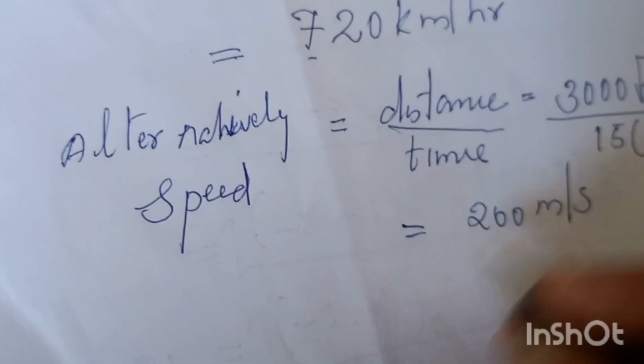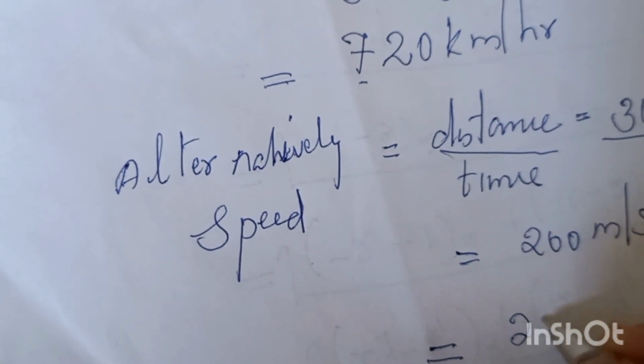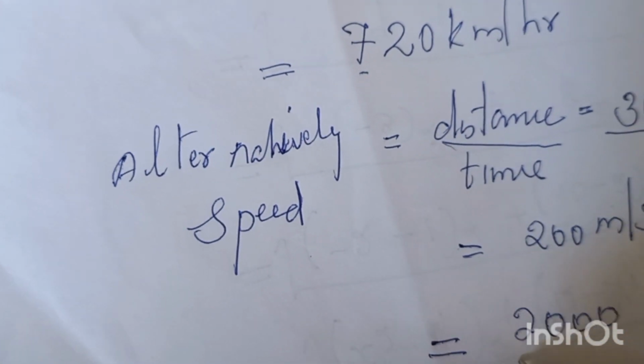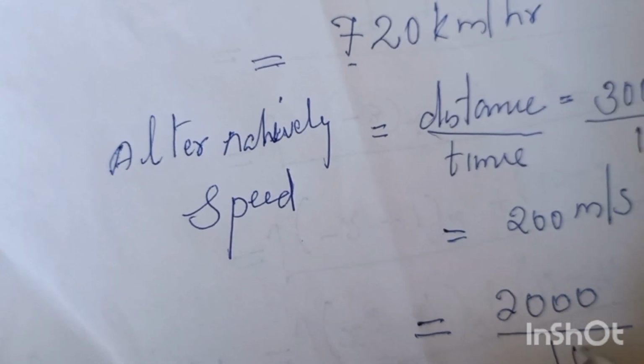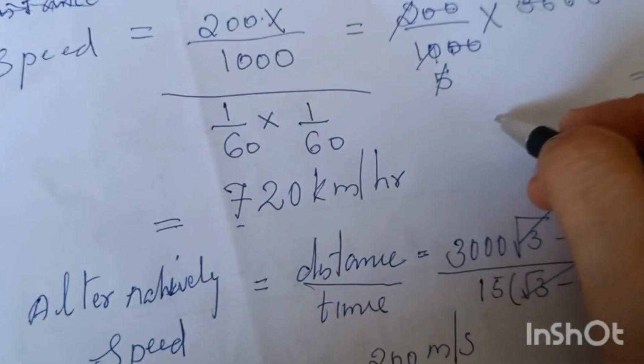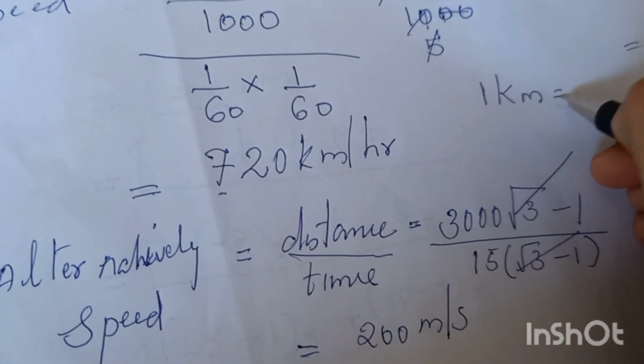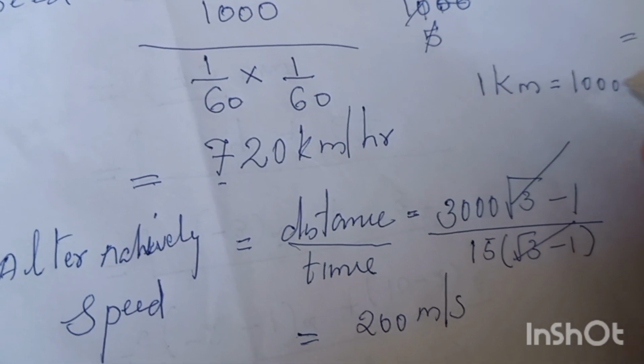So we have to find this in kilometer per hour, which is equal to 200 divided by 1000. You know, 1 kilometer is equal to how many meters? 1 kilometer is equal to 1000 meter.